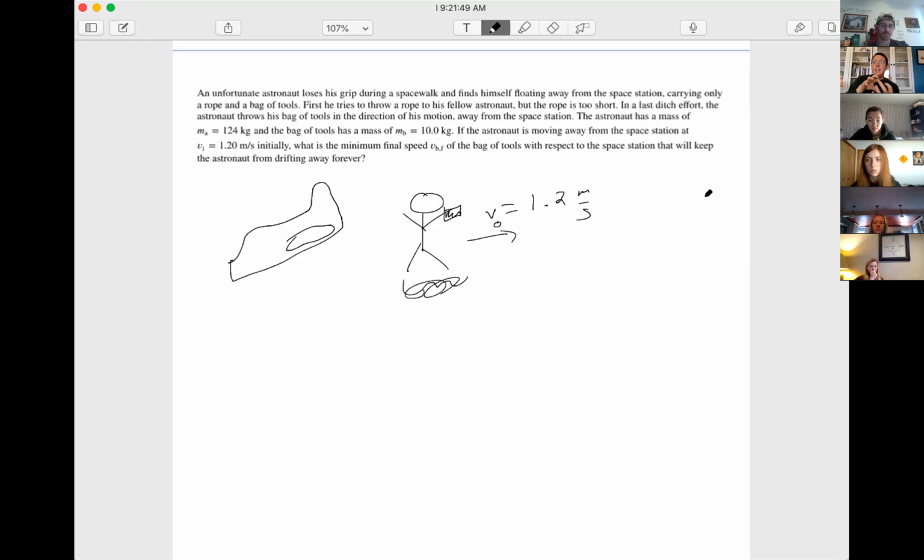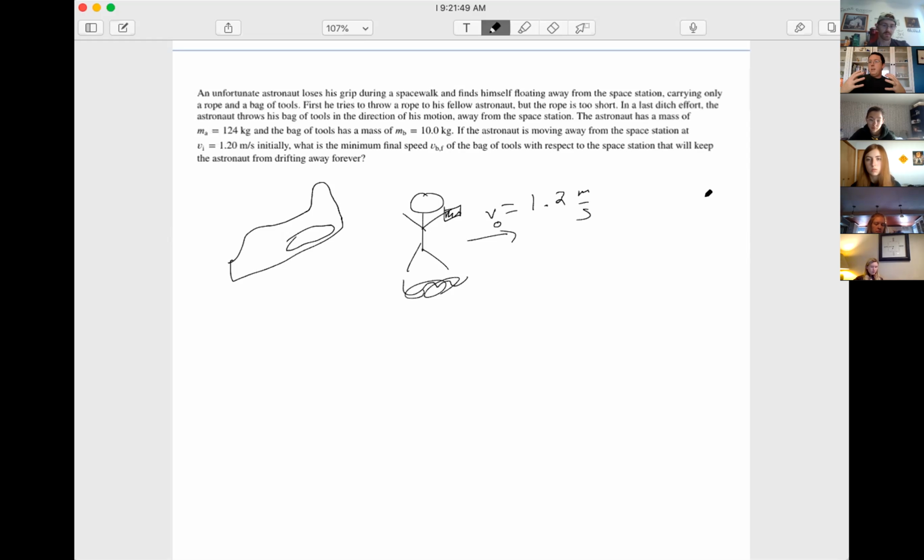We don't know anything about the details of how the astronaut pushes on the tools. You know, is it a one quick push or is it a long, steady push? We don't know. Because we don't know anything about the forces between the astronaut and the tools, we need to define the system so that you never need to know those numbers.